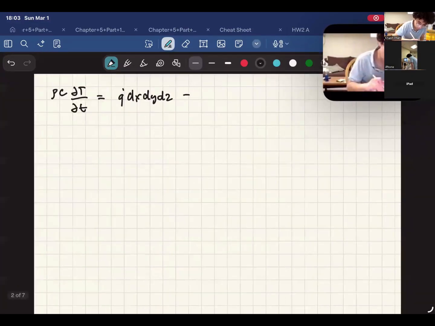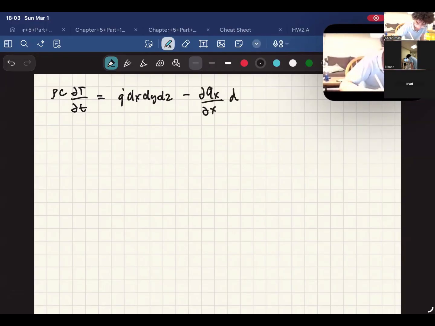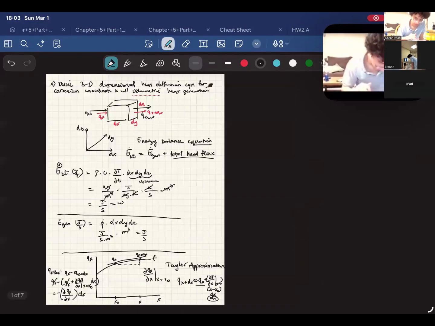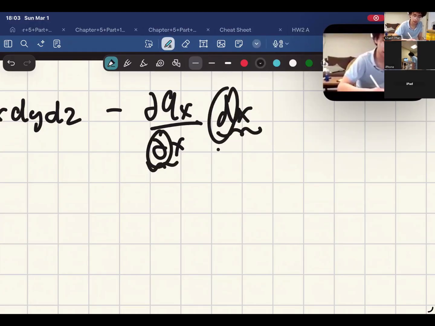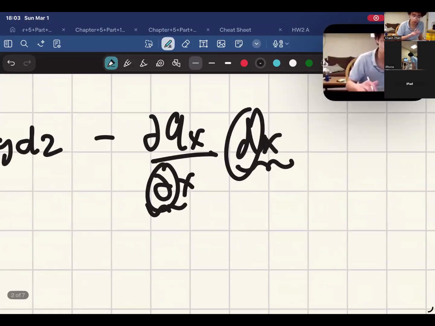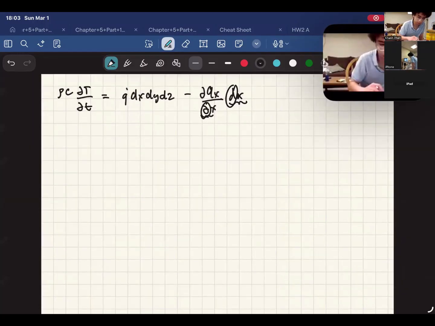So minus derivative dqx over dx times delta x, or dx, as the distance. Be careful right here, this d and this d are different. This d represents the distance, so the difference in the position of x versus x naught, for example. And this is how heat changes with respect to the distance. I just want to let you guys know to avoid any confusion.